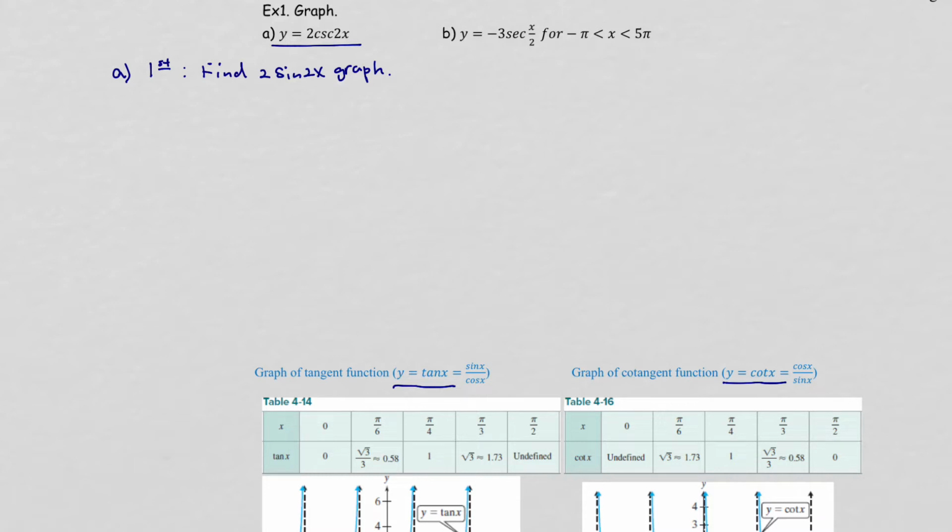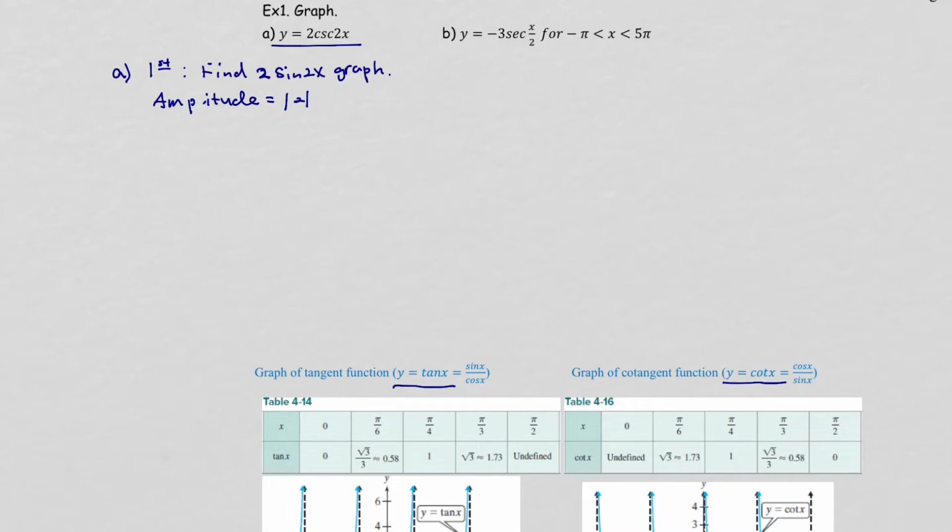And remember, for the sine graph, we can find the amplitude, which is the absolute value of A, which is 2.